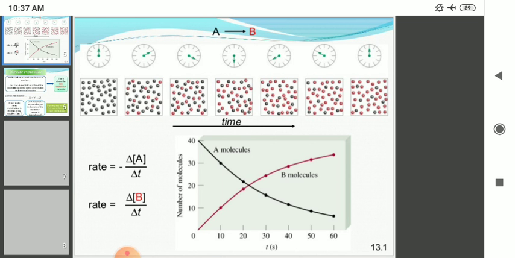If you look at the last box, you will notice that the maximum percentage of product has formed from the reactant. So this is the rate of the reaction: minus delta concentration of A, that is the reactant, divided by its corresponding change in time.